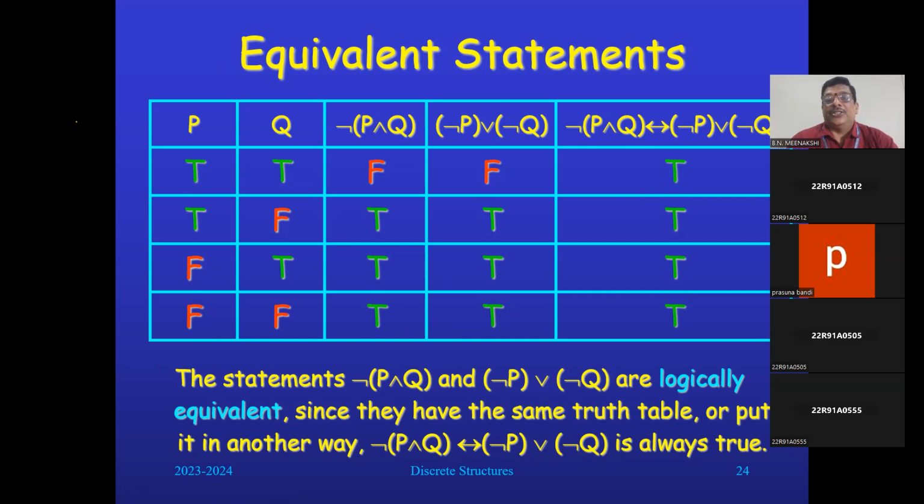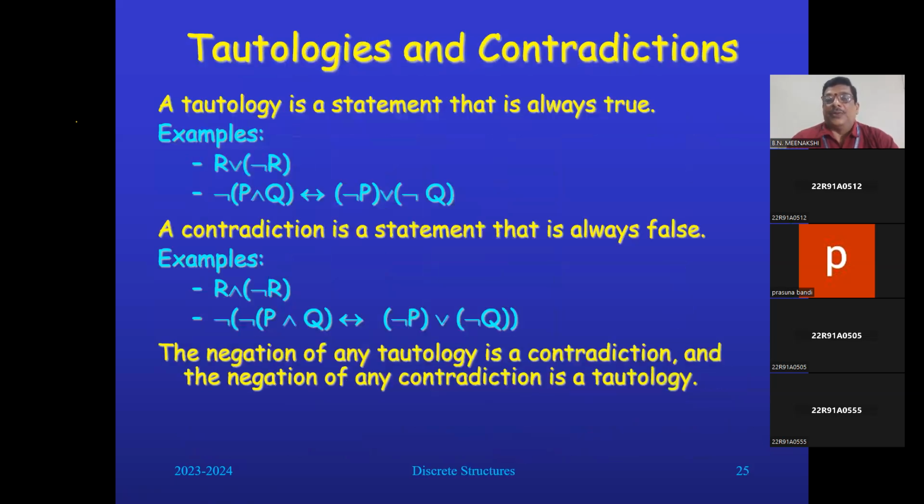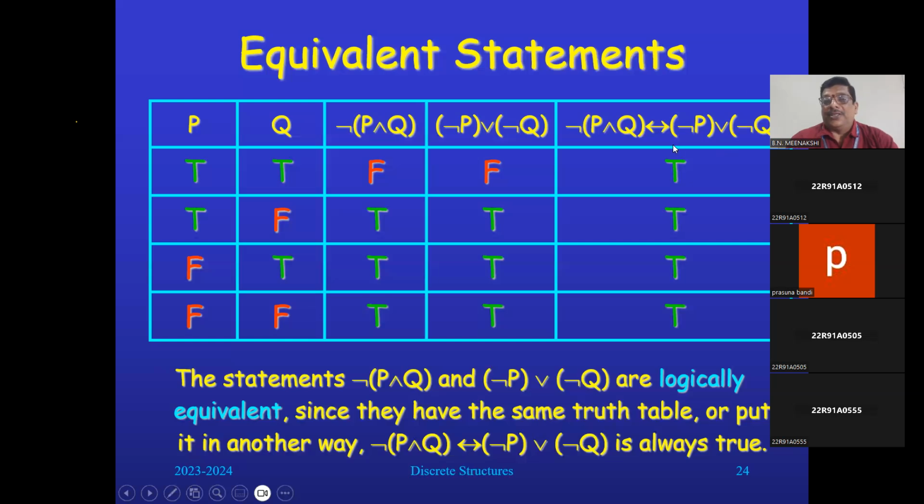In double implication, only true with false is false; the remaining are all true. So for negation of P conjunction Q double implication negation of P disjunction negation of Q: false, false becomes true; true, true becomes true; true, true becomes true; true, true becomes true. So this is an example of a tautology.